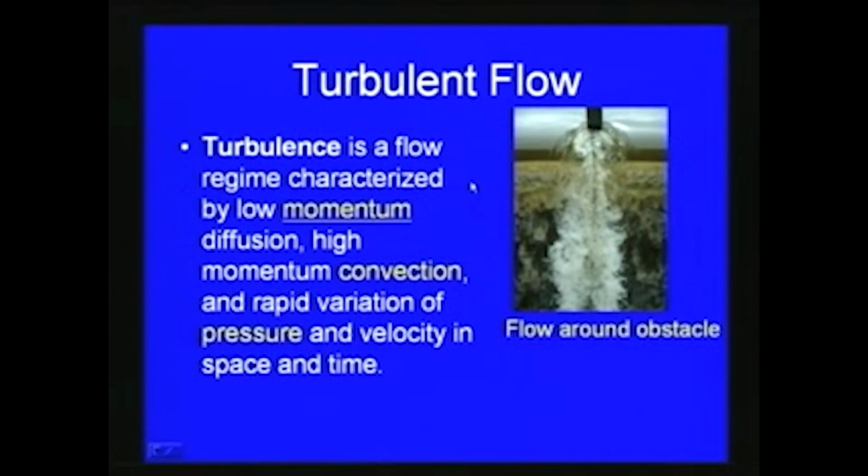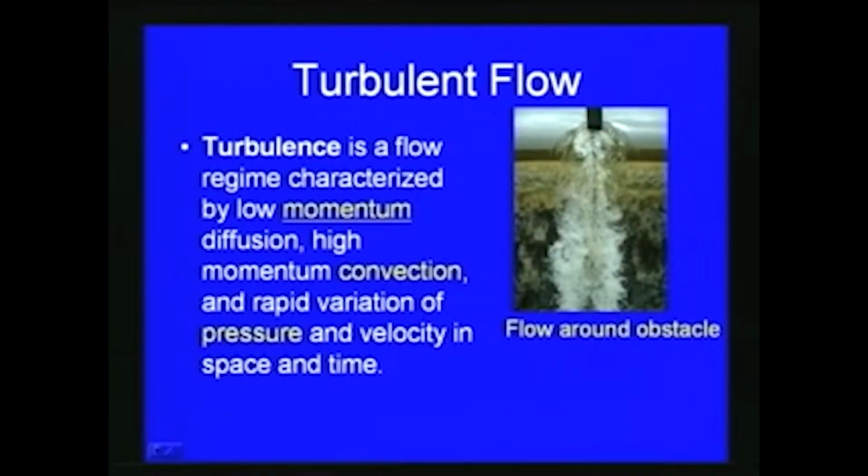And now, turbulent flow, as we have seen, is a flow regime characterized by low momentum diffusion, high momentum convection, and rapid variation of pressure and velocity in space and time.